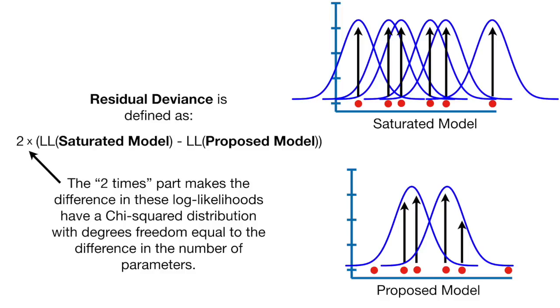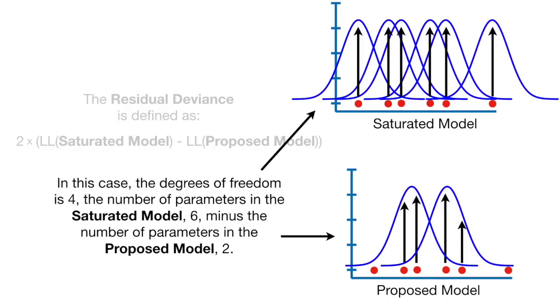The 2 times part makes the difference in these log likelihoods have a chi-squared distribution with degrees of freedom equal to the difference in the number of parameters. In this case, the degrees of freedom is 4, the number of parameters in the saturated model, 6, minus the number of parameters in the proposed model, 2.